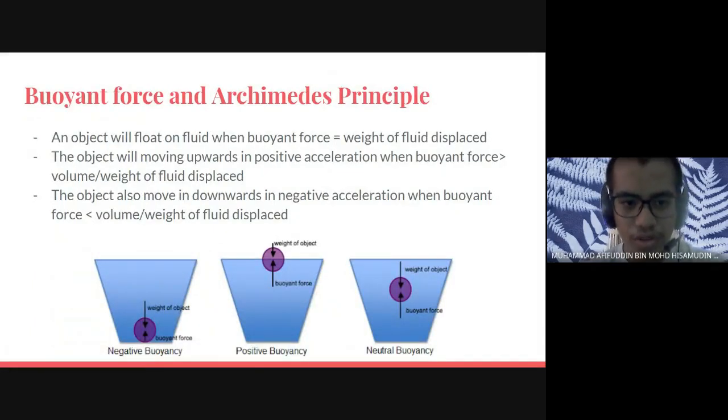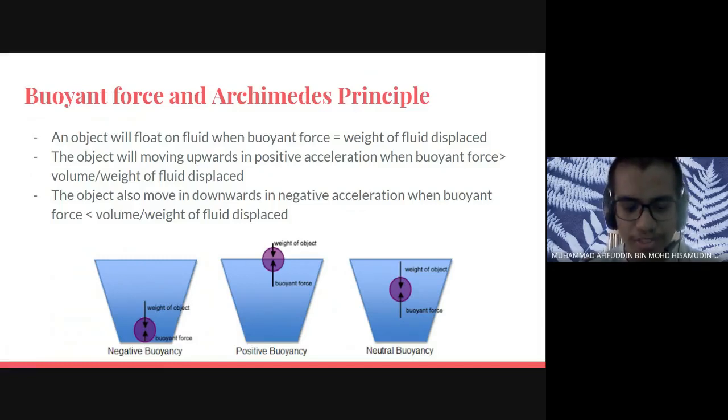Next, an object will float on a fluid when the buoyant force equals the weight of the fluid displaced. The object will move upward with positive acceleration when the buoyant force is more than the weight of fluid displaced. Also, the object will move downward with acceleration when the buoyant force is less than the weight of fluid displaced, which is in the third picture.